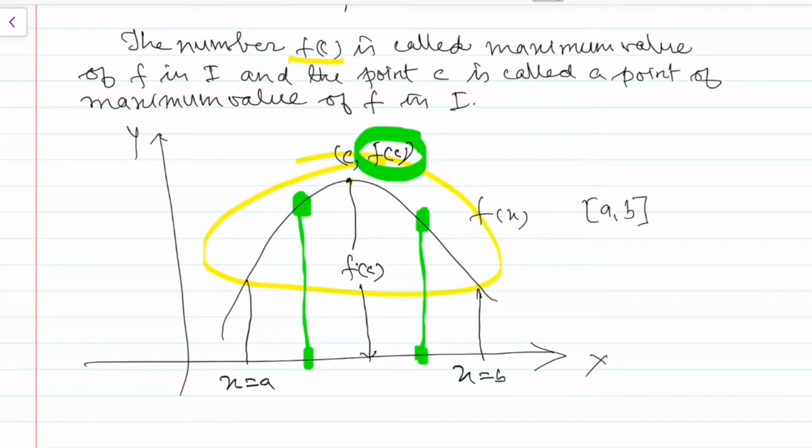So it means that this point is the maximum value of f. So the number f(c) is called the maximum value of f in I, and this point c, that is (c, f(c)), is called the point of maximum value of f in I.